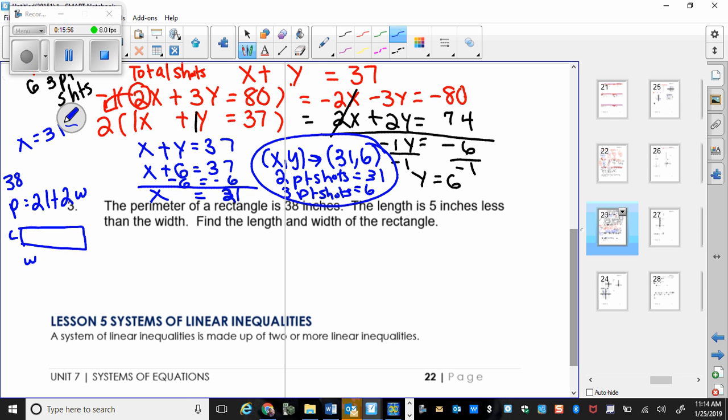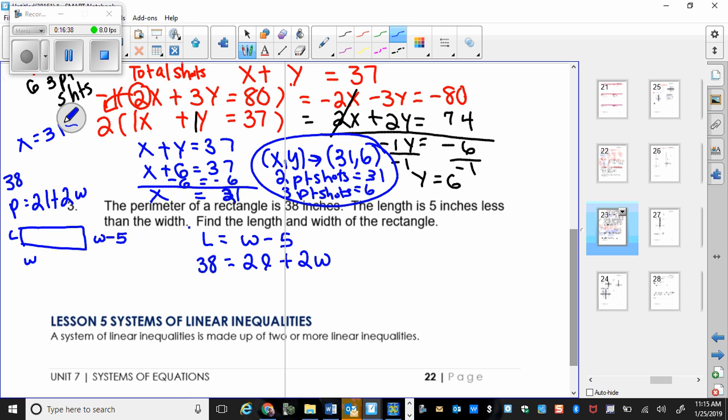The length is 5 inches less than the width, so length equals width minus 5. So 38 equals, in general, 2L plus 2W.